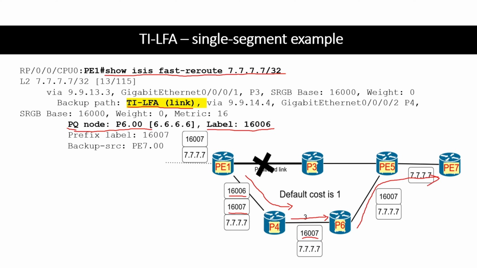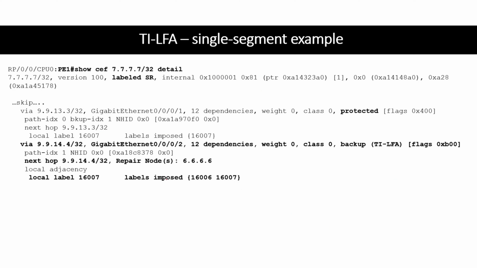Because here we are just pushing a single label, that's why we call it a single segment Ti-LFA. If you check the SAFE or FIB output, here it says that the repair node is R6, and it's going to impose the two labels on the packet, 16006, 16007.